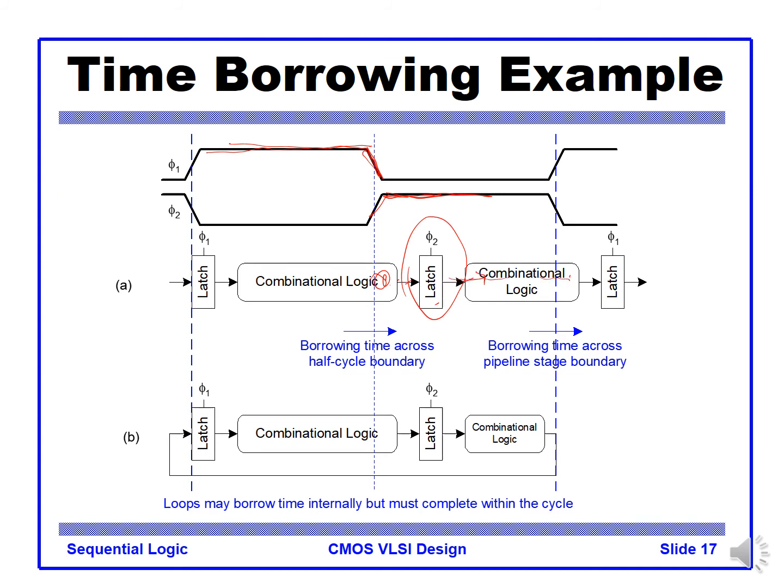This is different from flip-flop based, right? Flip-flop based has a hard timing event, the rising edge, for example. If we miss the next rising edge, you cannot pass through the flip-flop. But in the latch, it has a transparent mode, so it can still pass through the latch during the transparent mode, right? So this is called time borrowing.